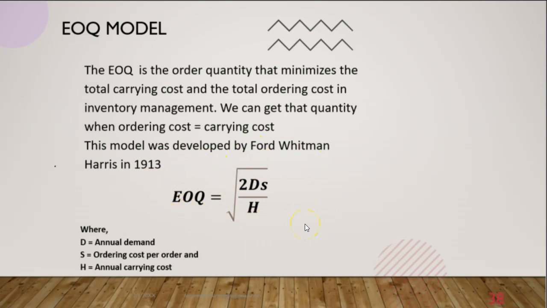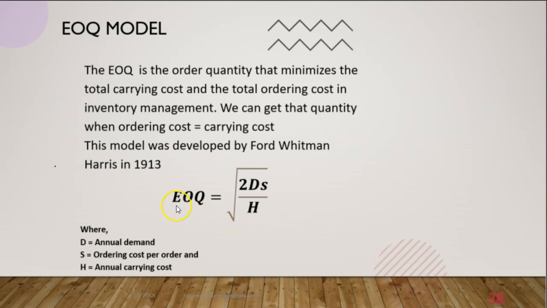If you use this formula, you will get the quantity that when you buy or order, the total carrying cost and the total ordering cost will be equal, and that is the point where you will get the minimum cost of investment in inventory.